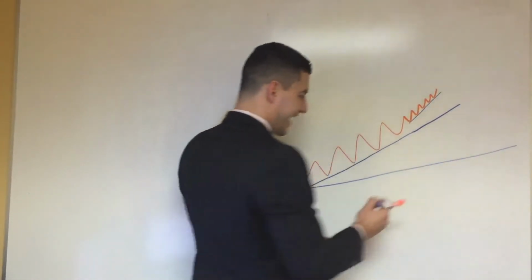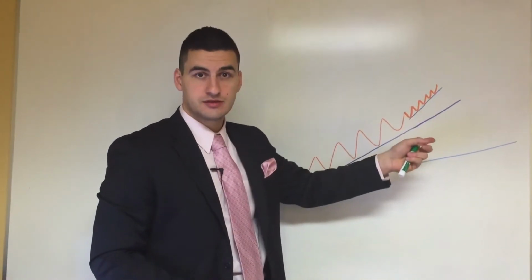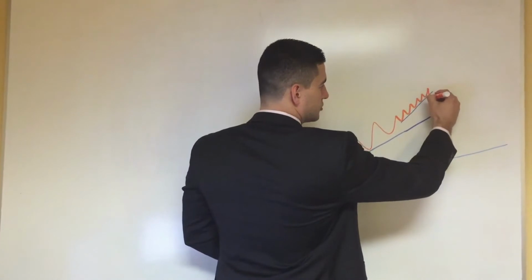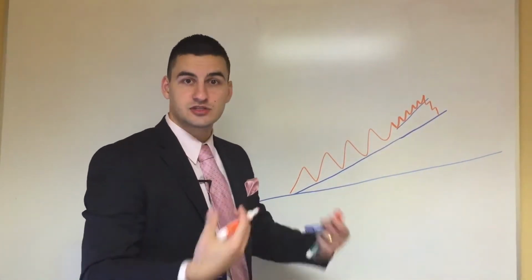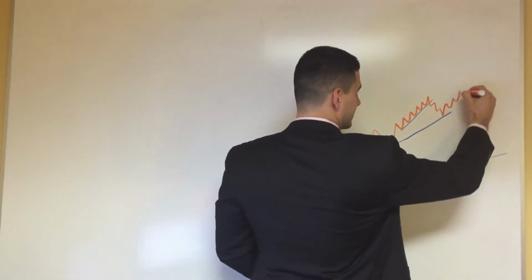So what happens if the market breaks the inner trend line? If the market breaks the inner trend line, usually the market will move towards the outer trend line and find support and bounce up like so.